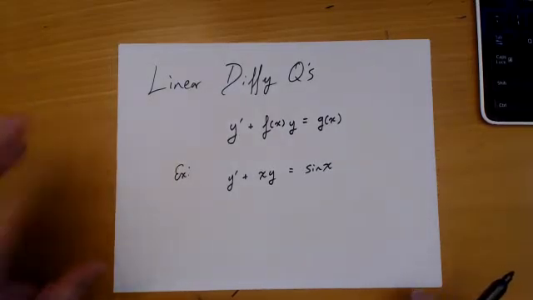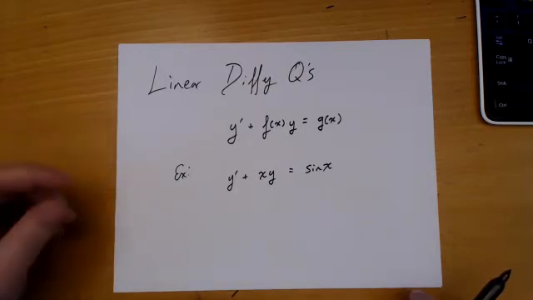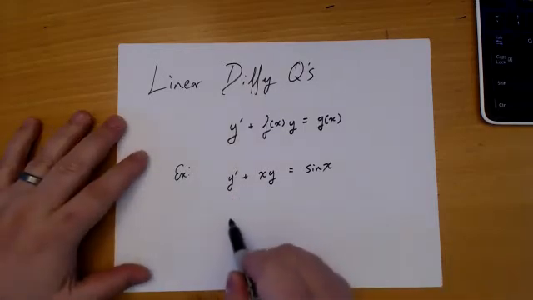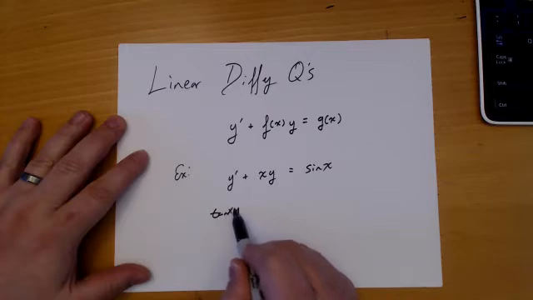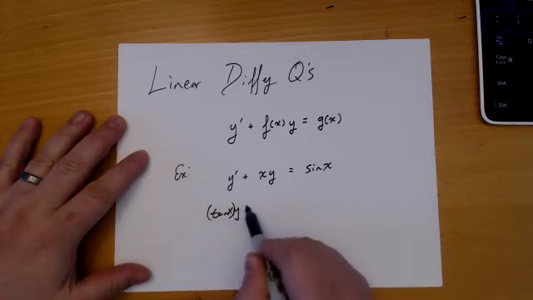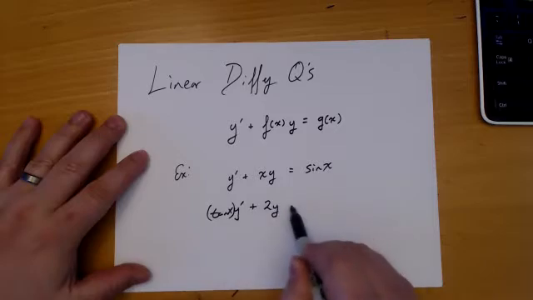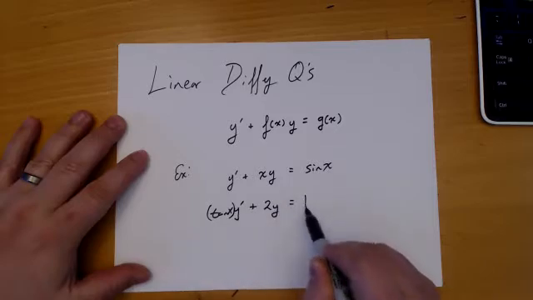Okay. Like we got to do a little algebra to play around with it to get it in this form, right? Or something like tangent of x y prime plus 2y equals 1.